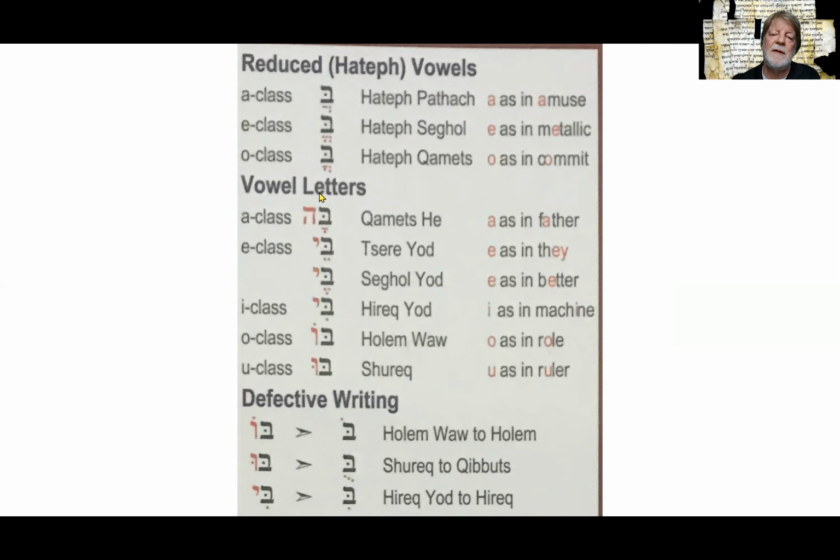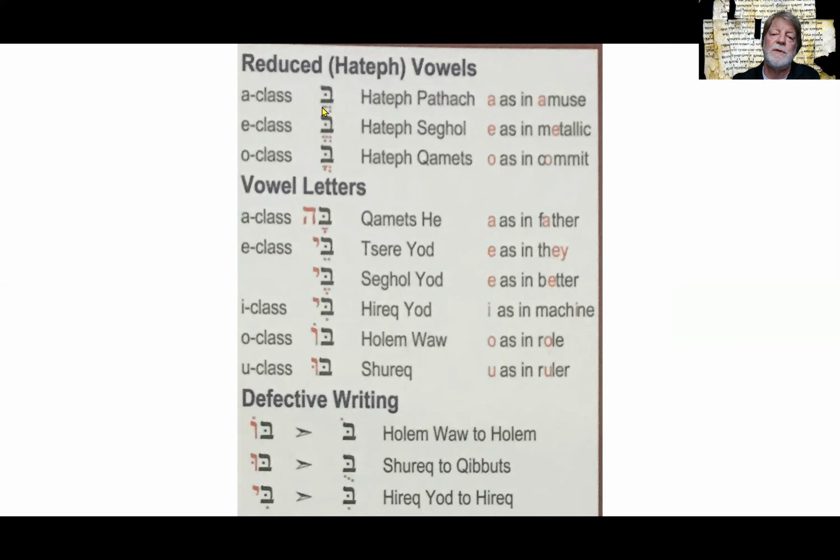Again, the bet is used as the model consonant, just to give us a relative location for where to put the consonants. And I do want to point out one thing here. Short hateph reduced vowels oftentimes involve two symbols put together.